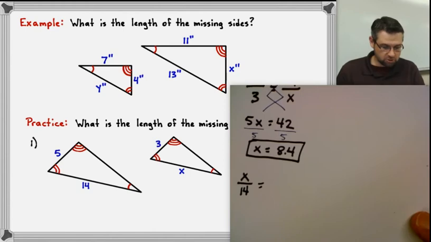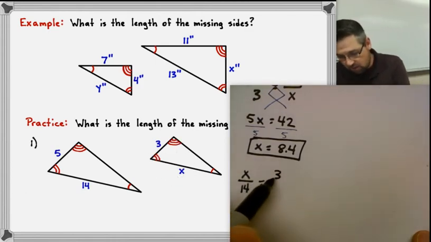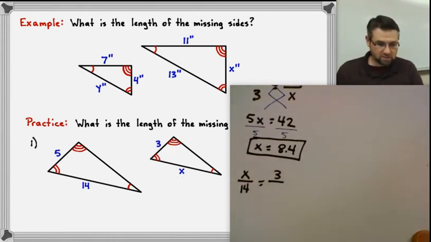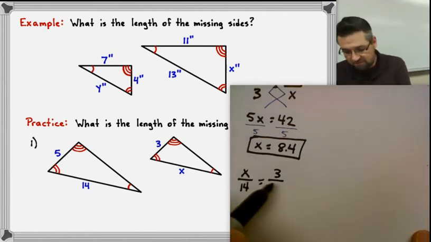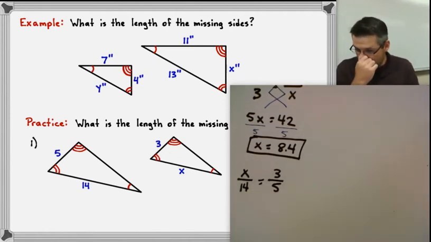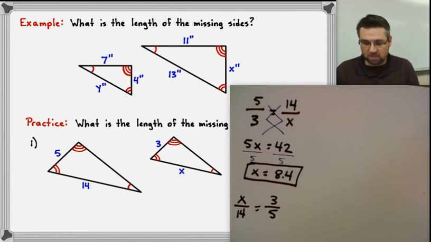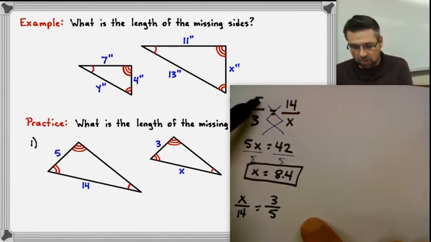That will be equal to, then we go back over to this triangle because x is on top. That means everything from this triangle needs to be on top. So I'm going to say 3 over, what does the 3 go with? The 3 goes with the 5. And then we can cross multiply. Now I'm not going to do that work again because it's essentially the same thing. When I go to cross multiply this, I got 5 times x is 5x.